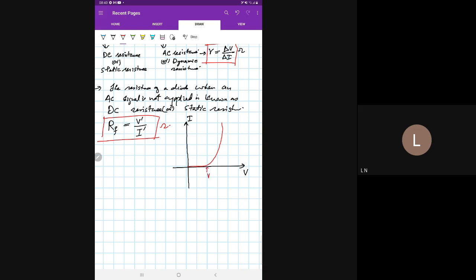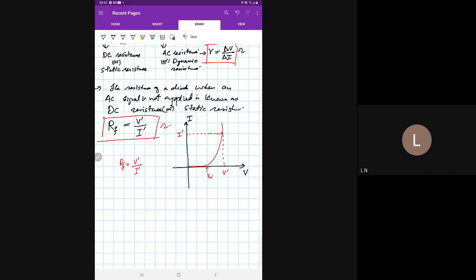Suppose we want to calculate the value of static resistance here, then we will find the corresponding value of current and voltage. The voltage will be V dash and current will be I dash. Therefore here R of F will be equal to V dash divided by I dash.